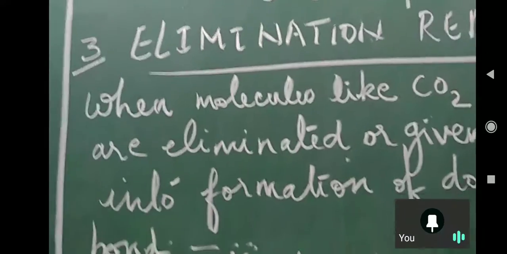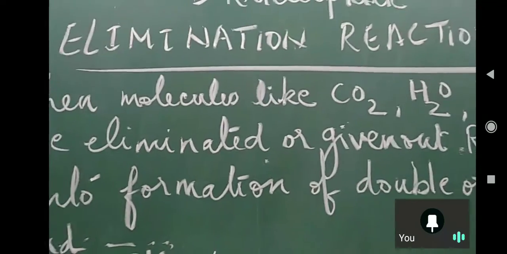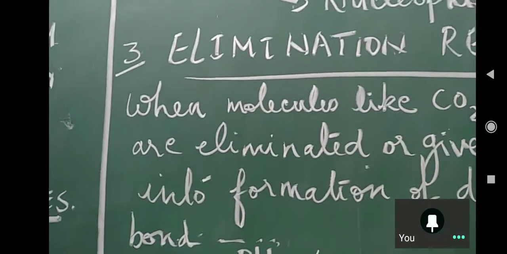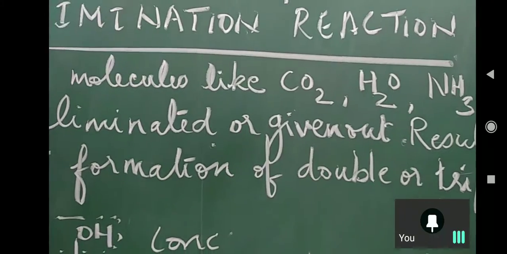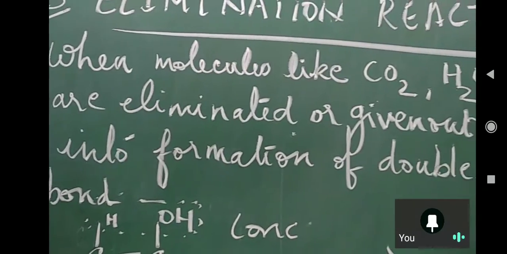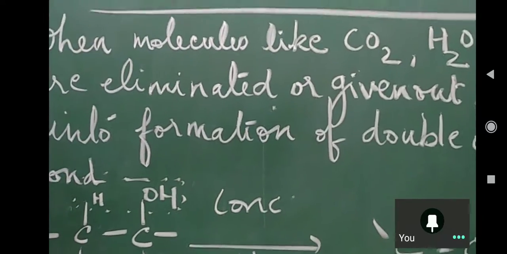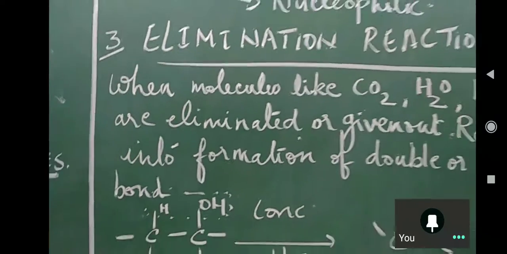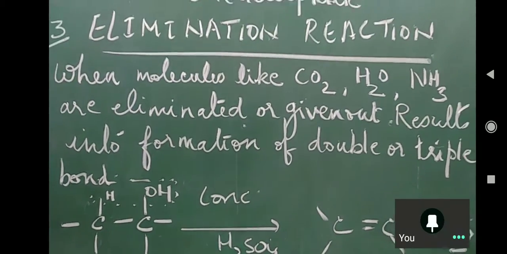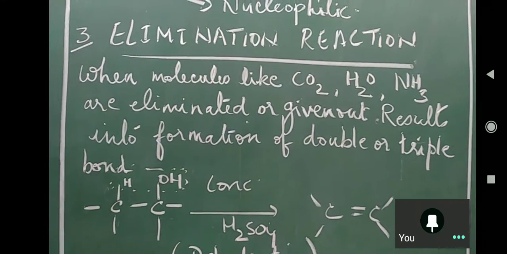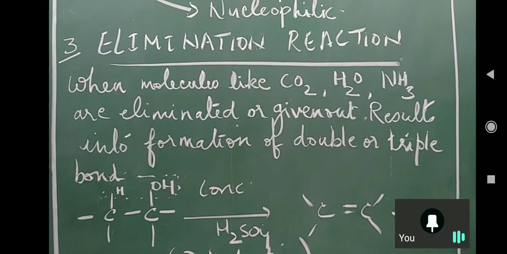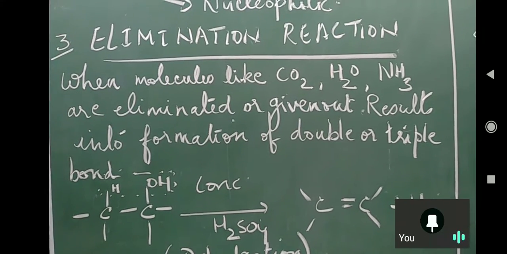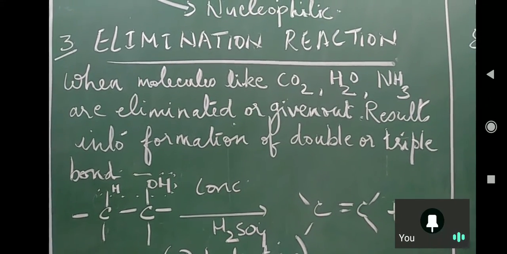So, when molecules like carbon dioxide, water, ammonia are eliminated or given out, resulting in formation of a double bond or a triple bond, this is known as elimination reaction.